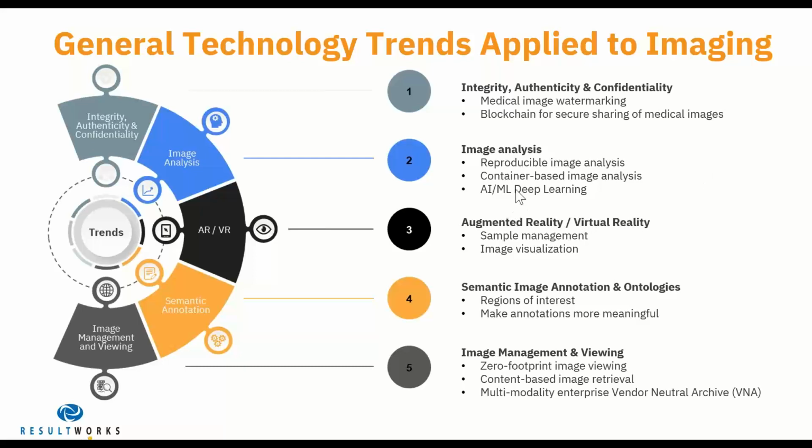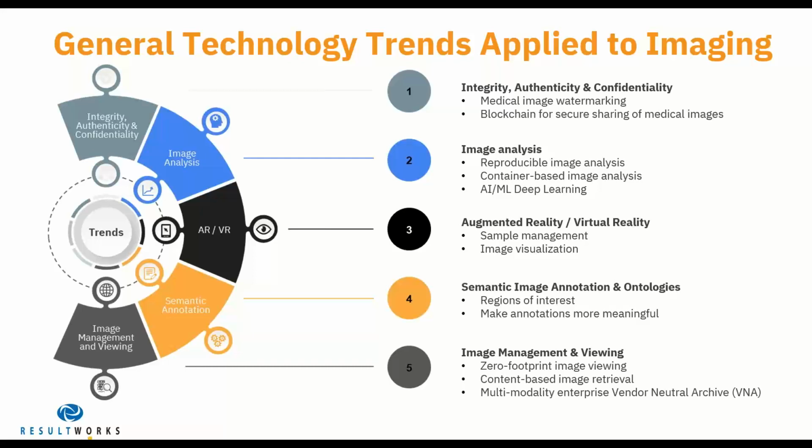We looked at image analysis, the ability for reproducible image analysis, for container-based image analysis, using deep learning tools. We looked at augmented and virtual reality around sample management and the ability to visualize images for a different view, a deeper view into images or territories of the image.